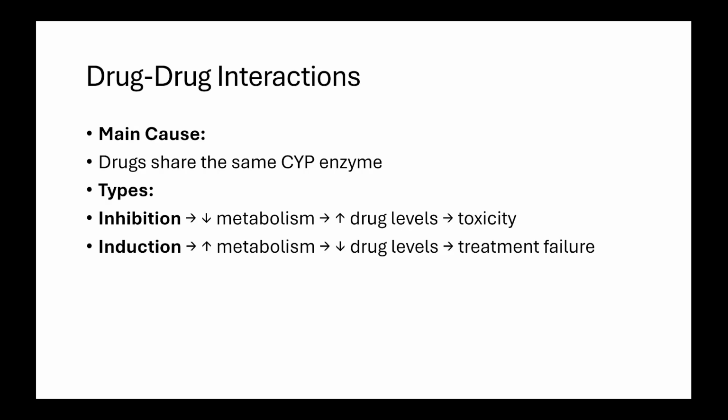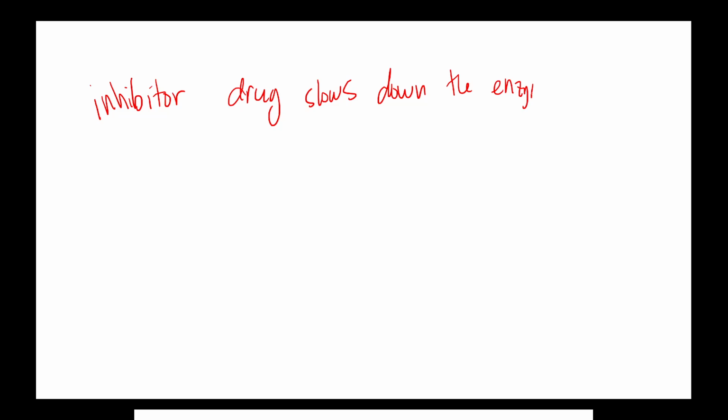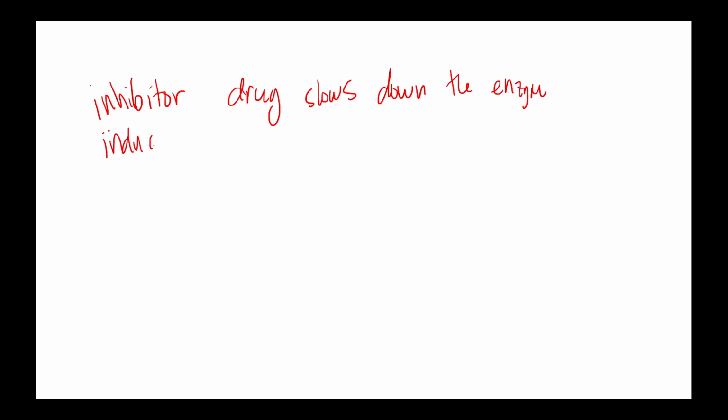Okay. We have our drug-drug interactions. When we say inhibitor, it is when your drug slows down the enzyme. When we have inducer, your drug increases the enzyme.